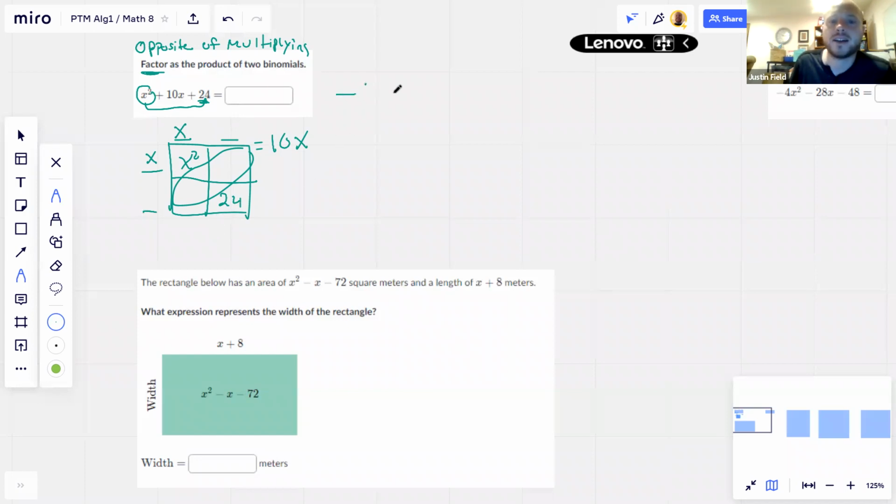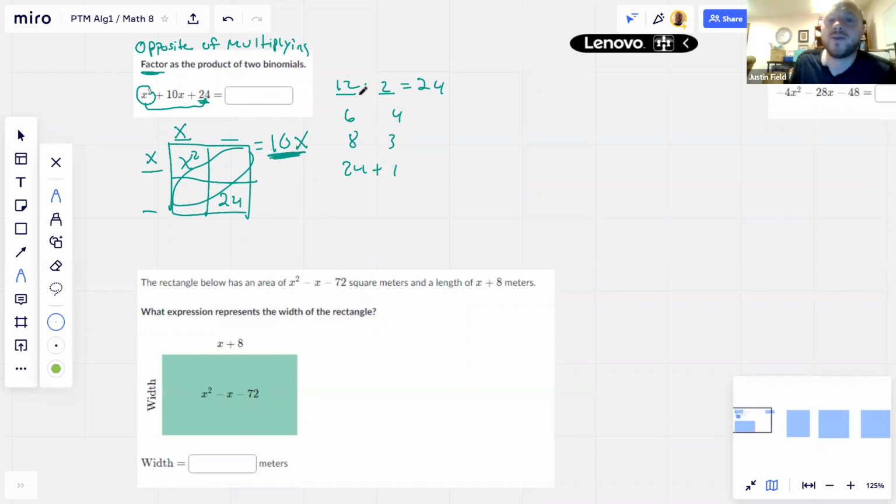Well, now that is a bit trickier because it could be 12 and 2, but also 6 and 4, and also 8 and 3, and also 24 and 1. There are 4 pairs of numbers that multiply to 24. Which pair do we choose? There's only one pair that adds to 10.